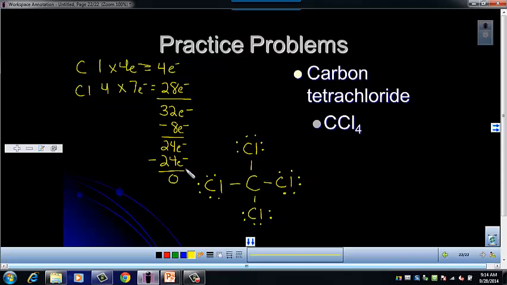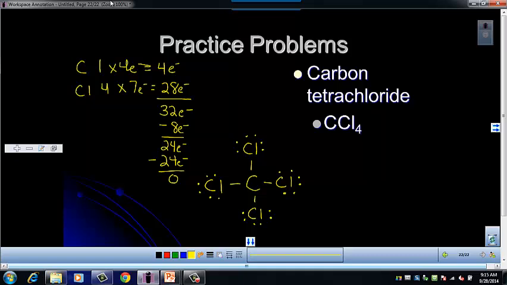Check for the fact that you have used all of the electrons, and check to make sure that each atom has a full octet. So 4 bonds on the central atom, which gives us a total of 8. Then on each of the chlorines, you've got a bond, which is 2, plus 6 more, which is a total of 8. So we've got a full octet on each of the atoms, and we've used all of our valence electrons. This is the correct Lewis structure.